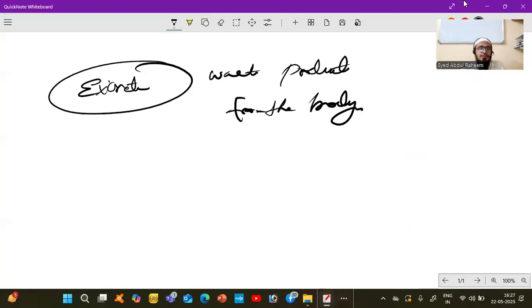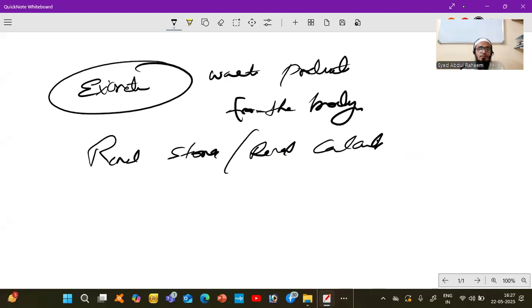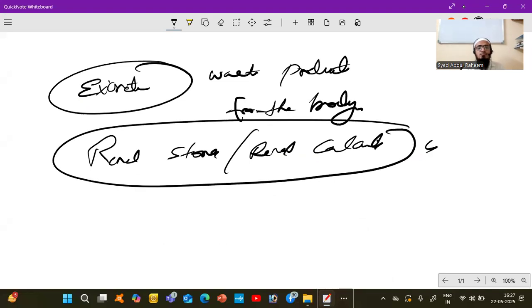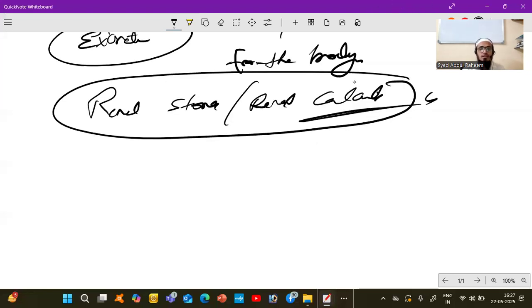Renal stones are also known as renal calculi. In the report, in the impression, it will say renal calculus.